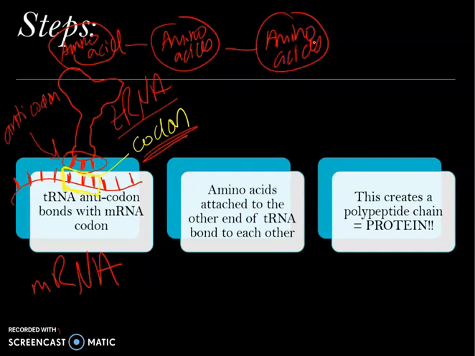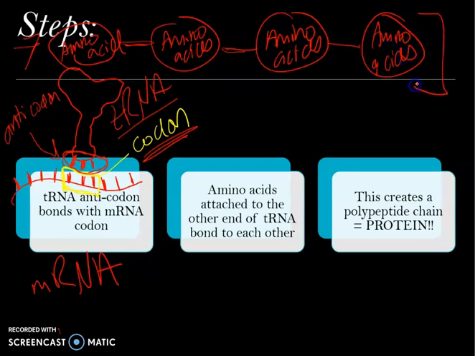So my amino acids are up here on one end of my tRNA, and then that anticodon is on the other end. So I get my binding first, then my amino acids that are on the other end will bond together. Then these amino acids up here will form a polypeptide chain, and it is this polypeptide chain that turns into a protein.